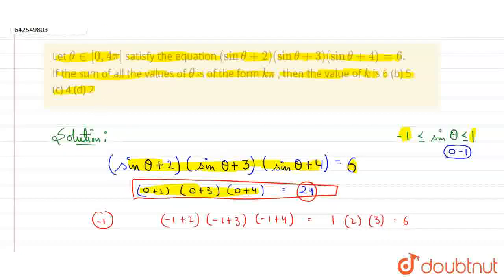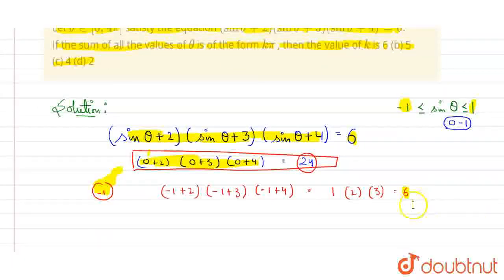I'm getting 6, which is equal to the RHS, only if I put sin theta equal to -1.